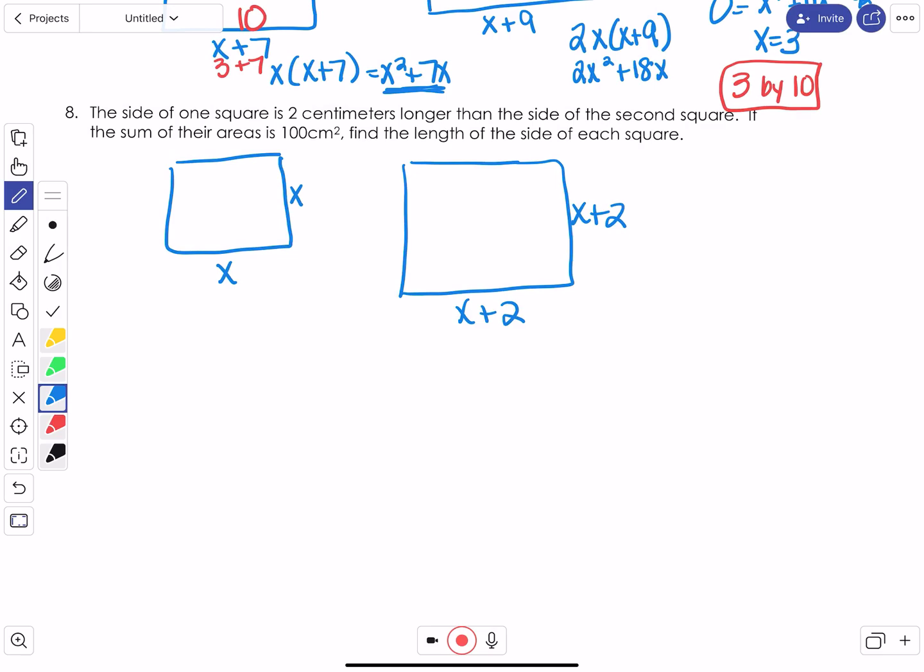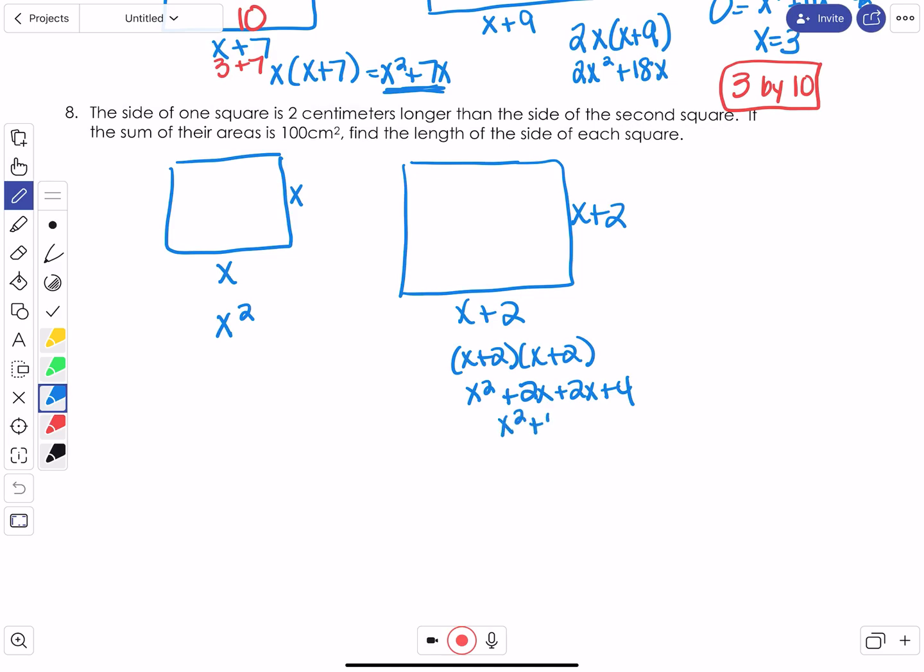Okay, so the area of this one is x squared, because remember you multiply length times width. This one, this area, you would multiply those two together. So x times x is x squared. Then x times 2 is 2x. 2 times x is 2x, and 2 times 2 is 4.